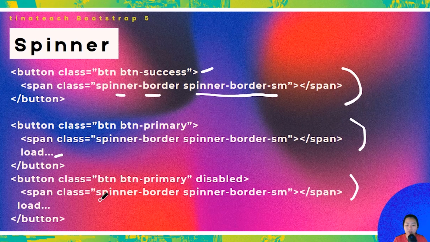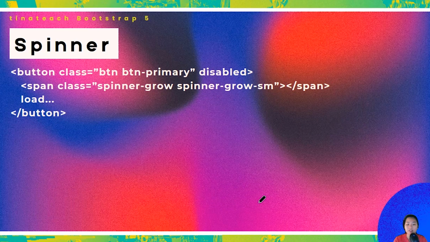And the same thing goes down here. Spinner, border, and small. Okay. I can't really explain exactly the difference between the aesthetic. I think it's better if you just see it for yourself in the demonstration. And this is the last one. Spinner grow, and small, okay, with the text over here.